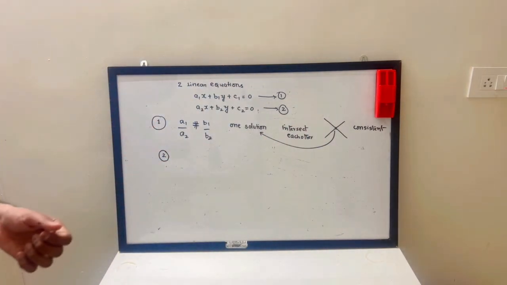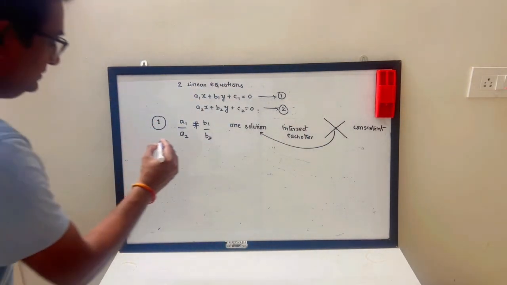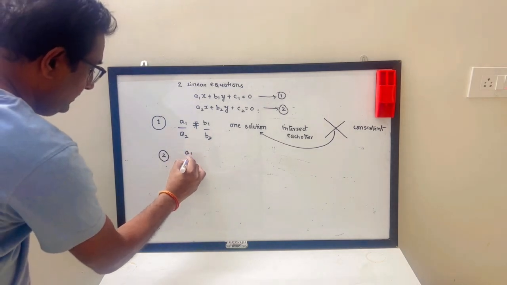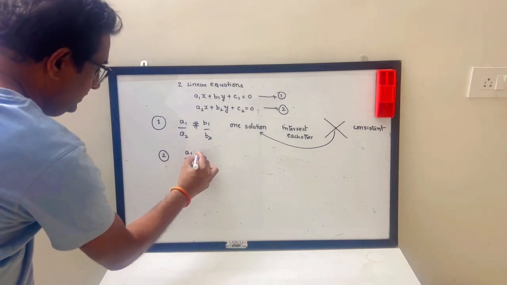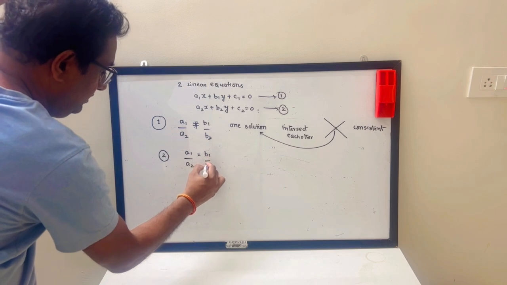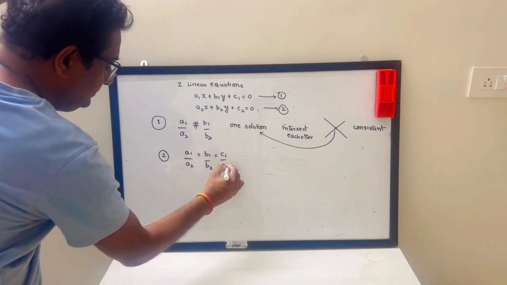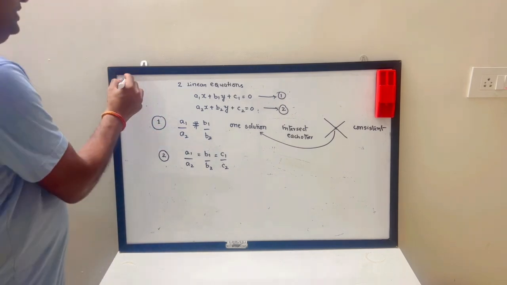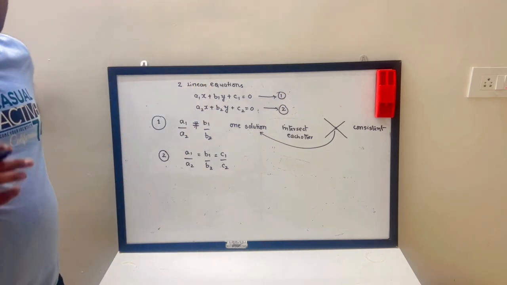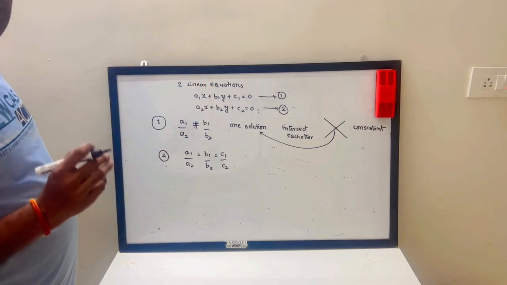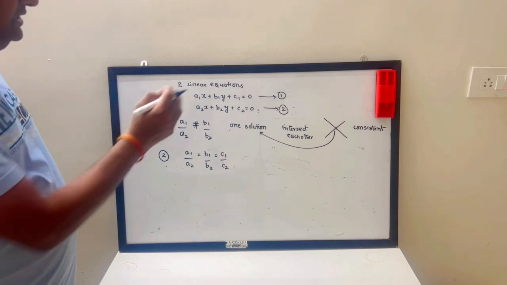Hope you understood. Okay. The second case is that suppose a1 by a2 is equal to b1 by b2, which is equal to c1 by c2. So all these variables I have already told you, a1, b1 are the real coefficients of x and y. c1, c2 are the constants in a linear equation.